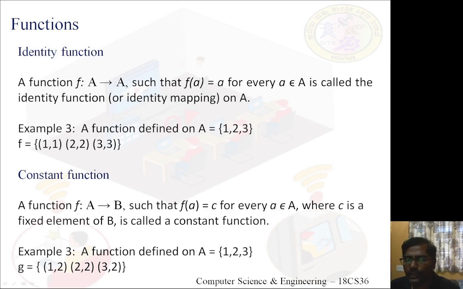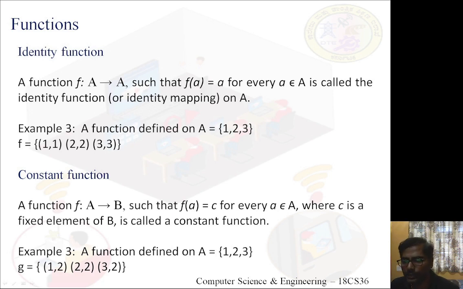Now let me look at some types of functions. The first function I am going to tell you about is what is known as the identity function. You know binary relation, right? So what is a binary relation? An element of a set is related to an element of its own set.